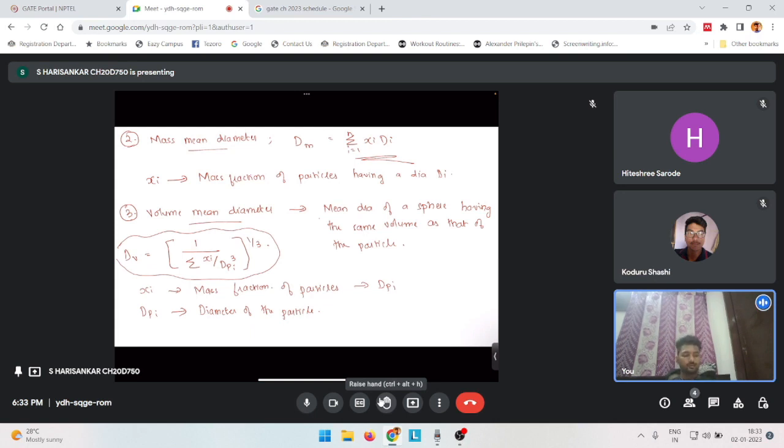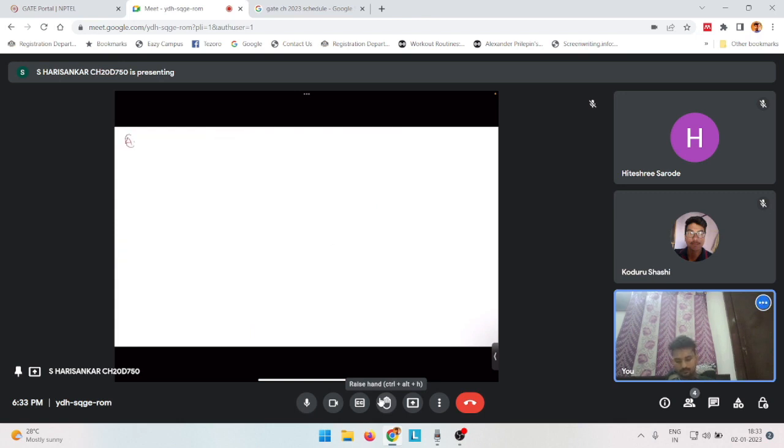And then there is one more diameter, which is the volume surface mean diameter.